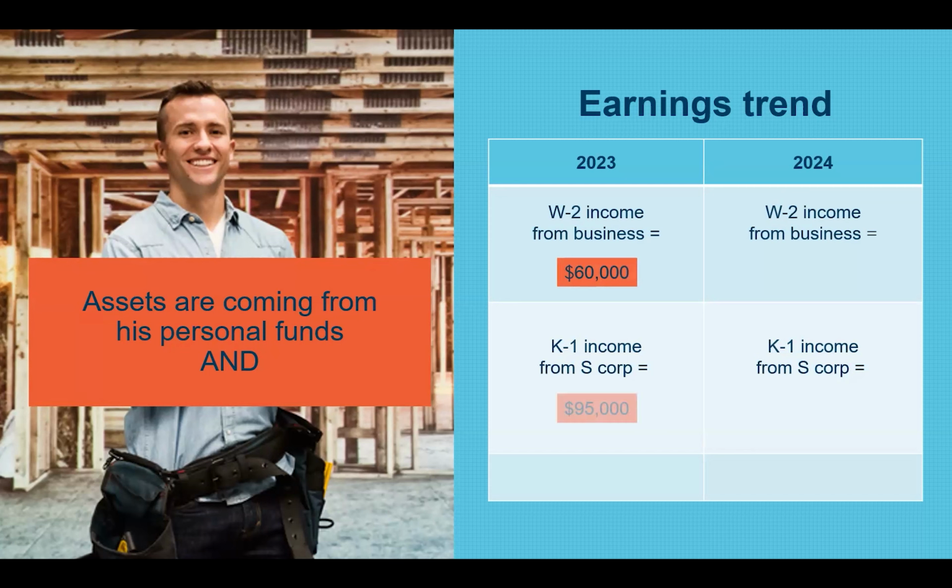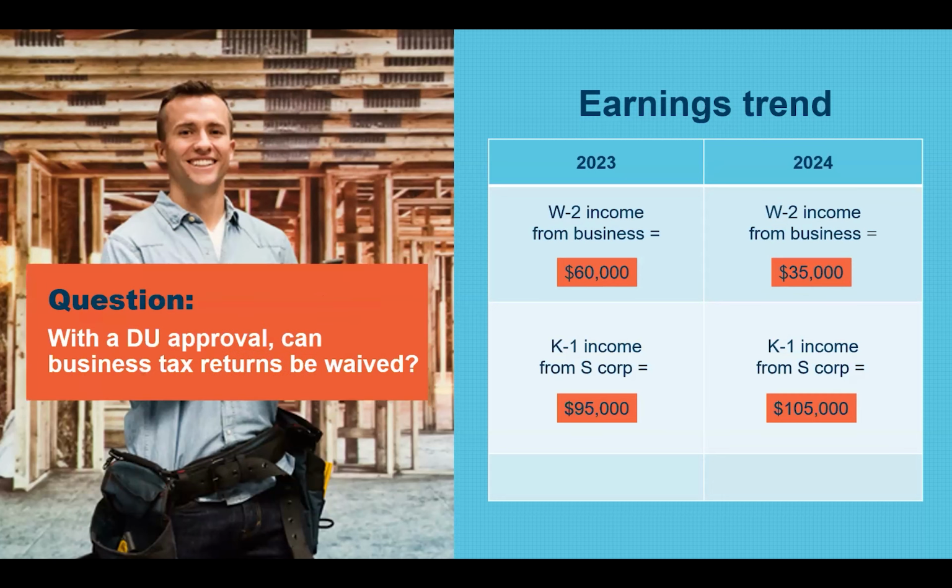His Schedule K-1 shows ordinary income of $95,000. In 2024, Jason received W-2 wages from the S Corp in the amount of $35,000, and his Schedule K-1 shows ordinary income of $105,000. Question: with a DU approval, can the business tax returns be waived?